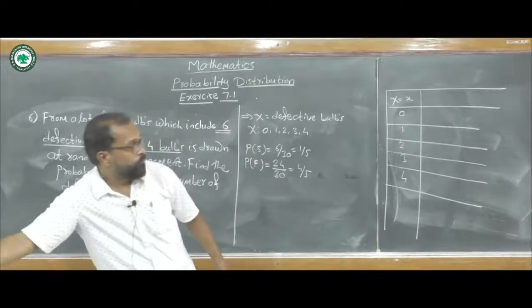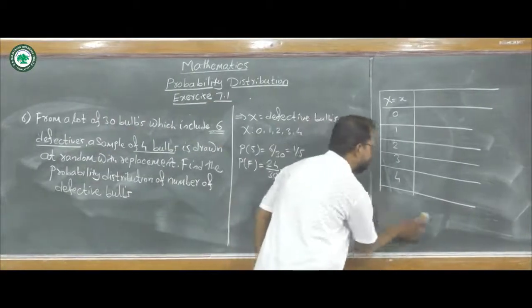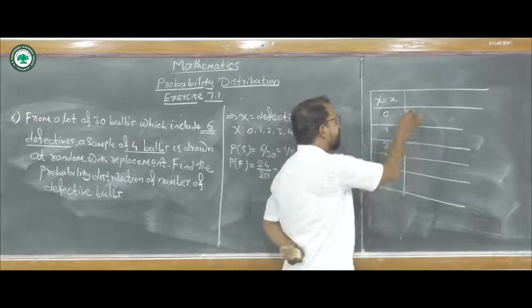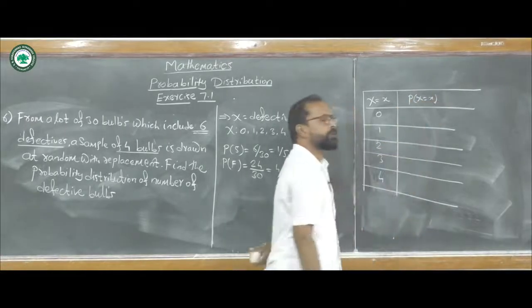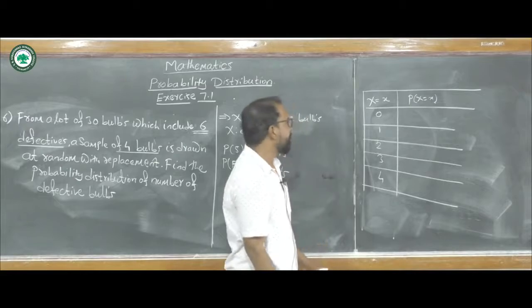These are the values for the X, and here we write the probability of X equals to x.